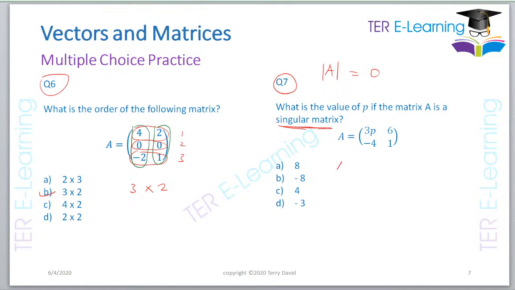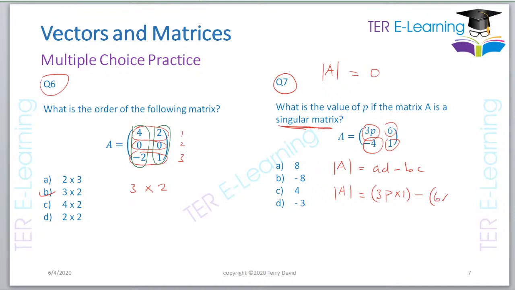So we know that the determinant is usually written as AD minus BC, right? So let's work out the determinant. So the determinant of this matrix here is going to be, remember this is A and this is B here. So this is 3P multiplied by 1 minus BC, which is, this is B and this is C here.